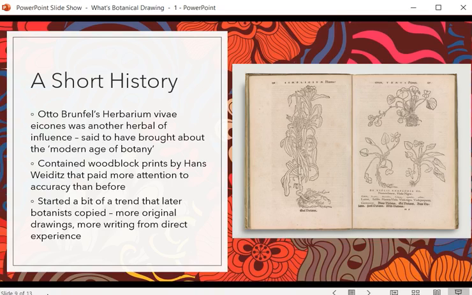The prints here were done by Hans Weiditz, and he paid a lot more attention to accuracy than we've seen before. And that started a bit of a trend that a lot of later botanists copied, either using those drawings or doing some of their own, but in that style. There were more original drawings and more writing from direct experience.